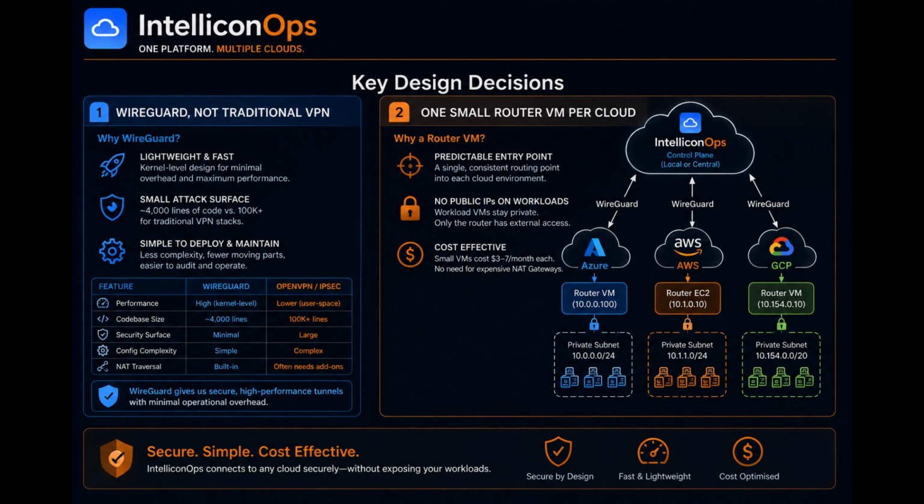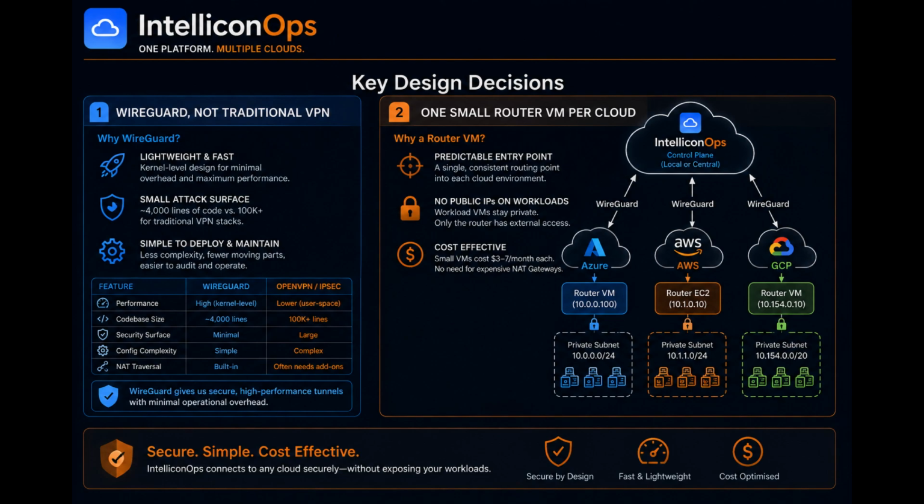Firstly, I chose WireGuard because it's lightweight, fast and relatively simple compared with deploying a much larger VPN stack. Secondly, each cloud gets its own small router VM. That gives IntelliconOps a predictable routing point into each environment without requiring every workload VM to have a public IP address.